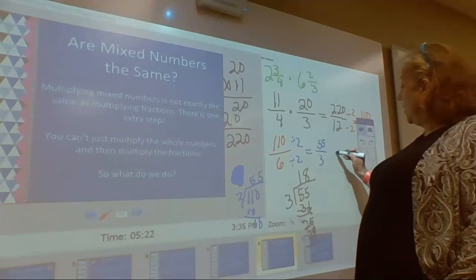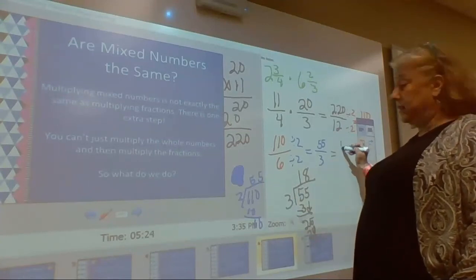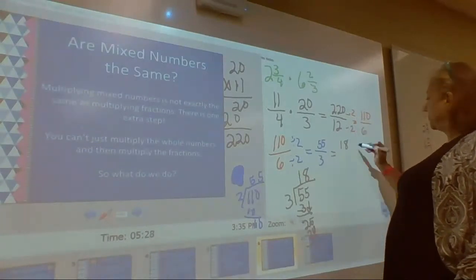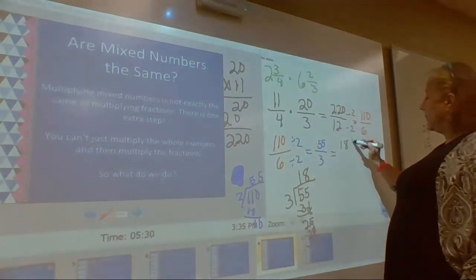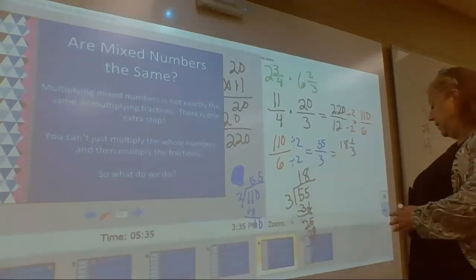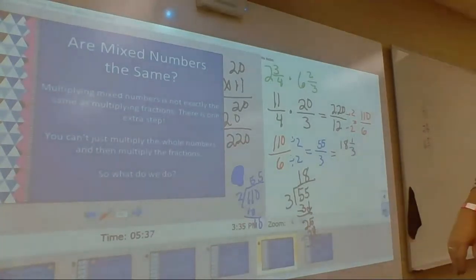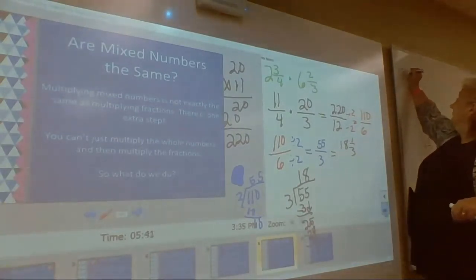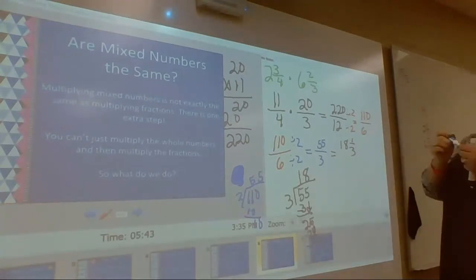So remember, our whole number is our quotient, our remainder is our numerator, and our divisor is our denominator. So our answer that we got here was 18 and 1/3. I'll write that over here.